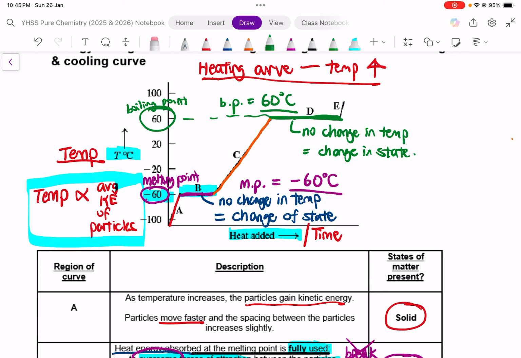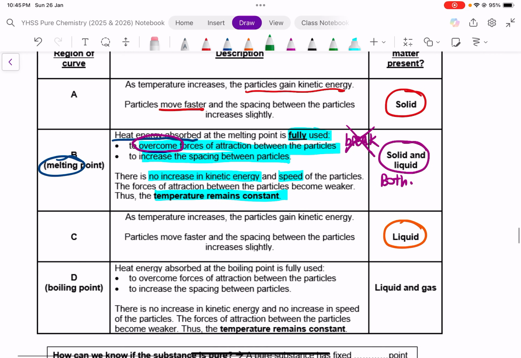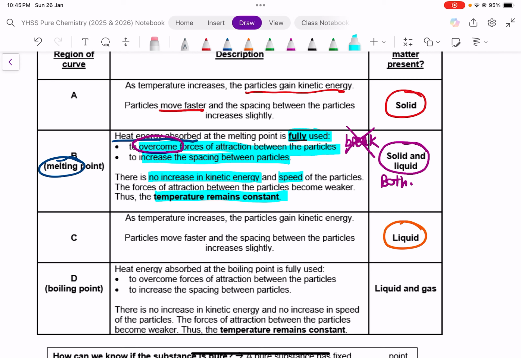So again, you notice at region D, the temperature remains constant because it's undergoing boiling. During boiling, it's the same as melting because it absorbs heat energy from the surroundings. The heat energy absorbed is fully used to overcome forces of attraction and to increase the spacing between particles. There is no increase in kinetic energy or speed of the particles, and hence the temperature remains constant.